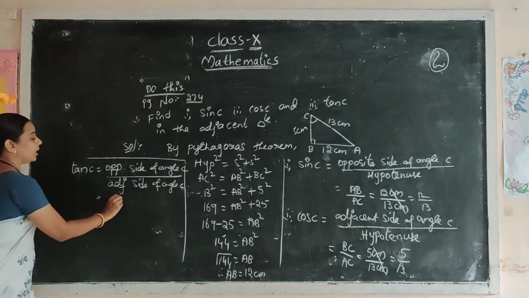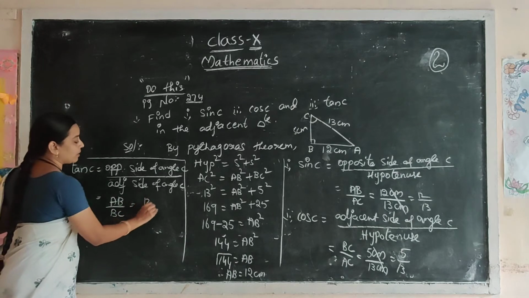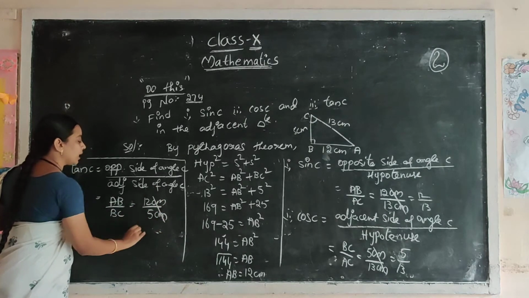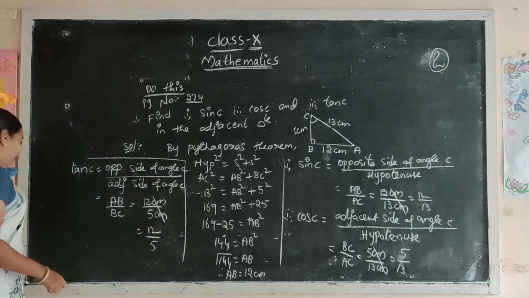So AB by BC. AB measurement is 12 centimeters and BC measurement is 5 centimeters. Both cancel, so 12 by 5. Now this is the answer. Okay, next one.